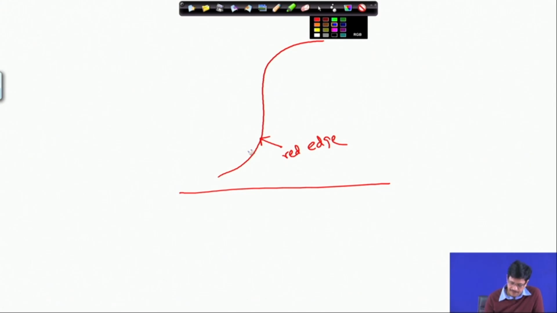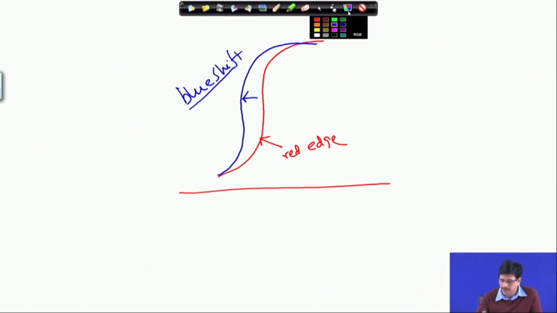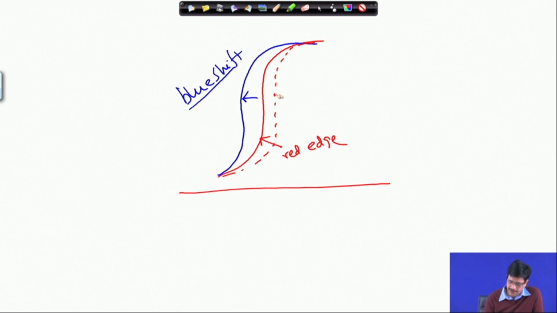can be shifted to a shorter wavelength, and we call this shift, this red edge, as undergoing a blue shift, and at times it can also shift to a longer wavelength, in which case we call it a red shift.